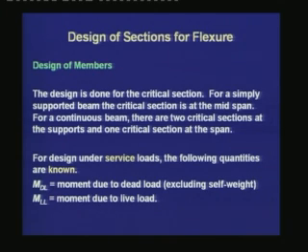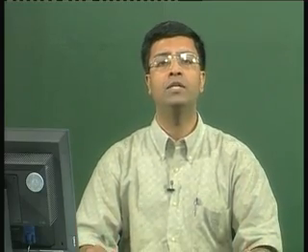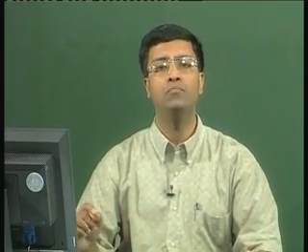That means for a continuous beam, we have to look not only at the span but also at the supports, and we have these three critical sections. Usually the higher of the two moments at the two supports is taken for the design of both the ends.